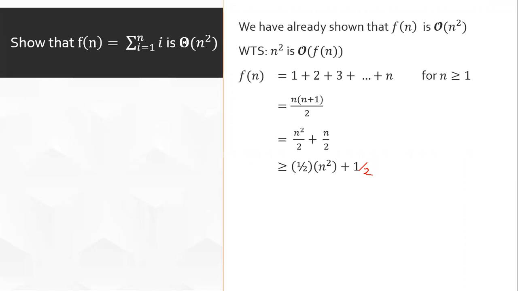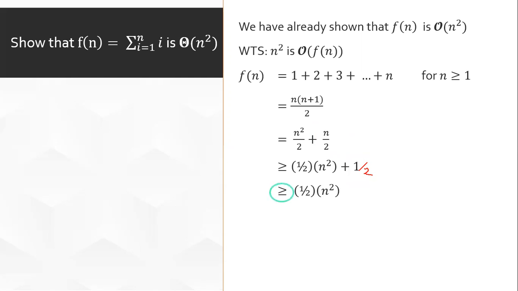And now we're going to get what's going to feel even crazier here. I'm just going to throw that away, right? I don't need that. Certainly, plus a half is bigger than plus 0. So now I have the statement, if you follow the logic all the way through the end, that f of n is greater than or equal to a half n squared.